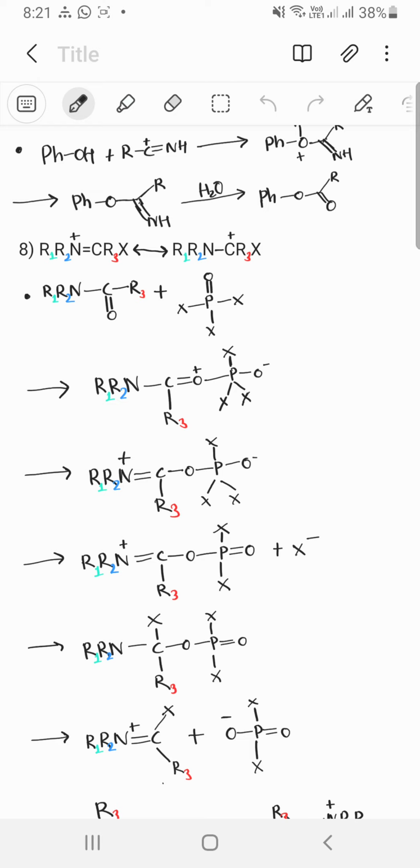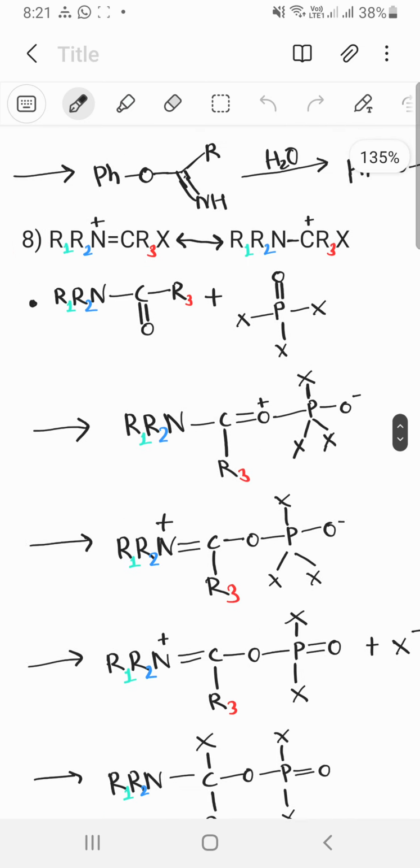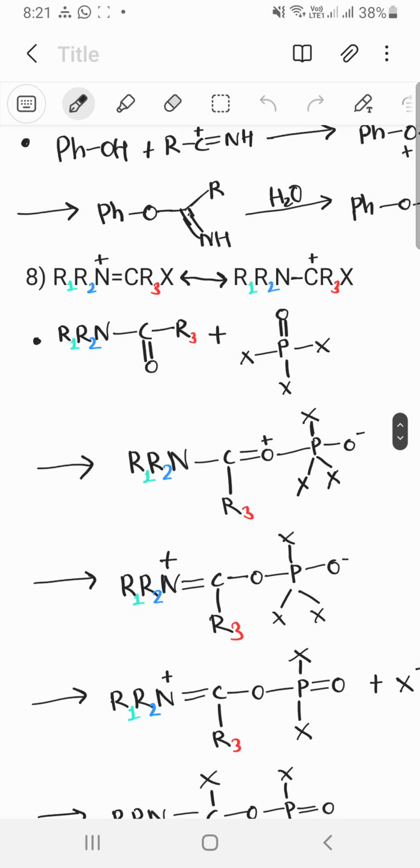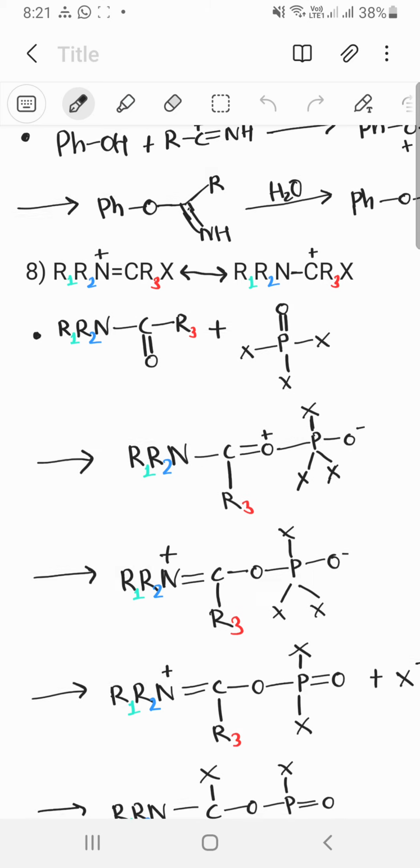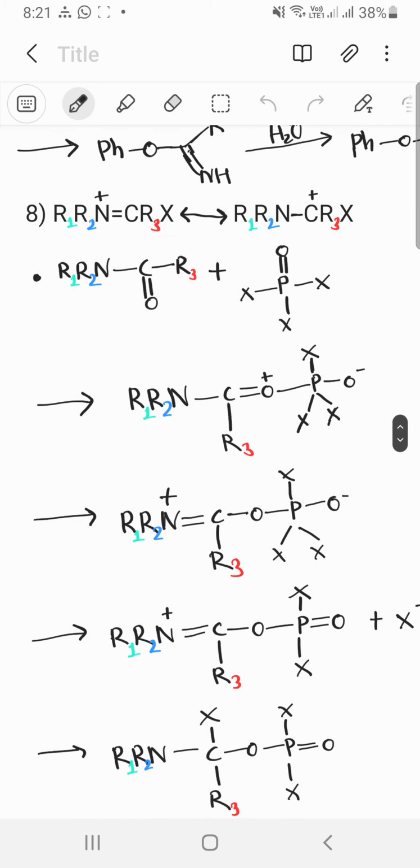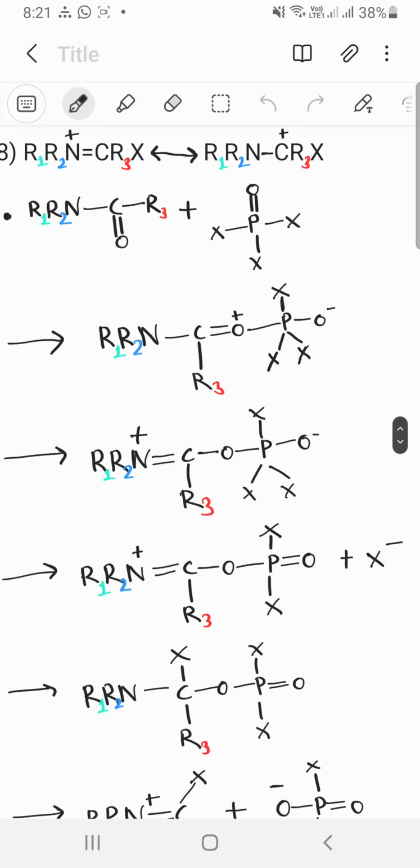That's weird. Oh wait, I've seen this kind of thing somewhere. I don't remember where, but POX3 is generally used for halogenation of acids basically, but over here we are using an amide. Let's see what it does.